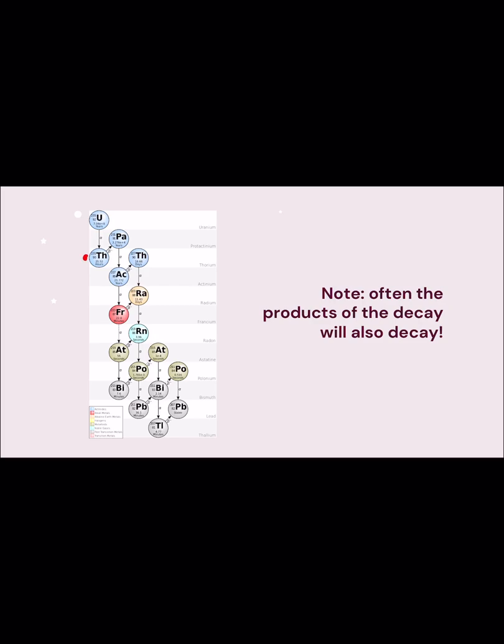You can't just look at how much thorium you have after so long, because the thorium's also going to decay to protactinium, which will decay to actinium, and so on, by different decay routes. So just note that the products of decay will also decay.